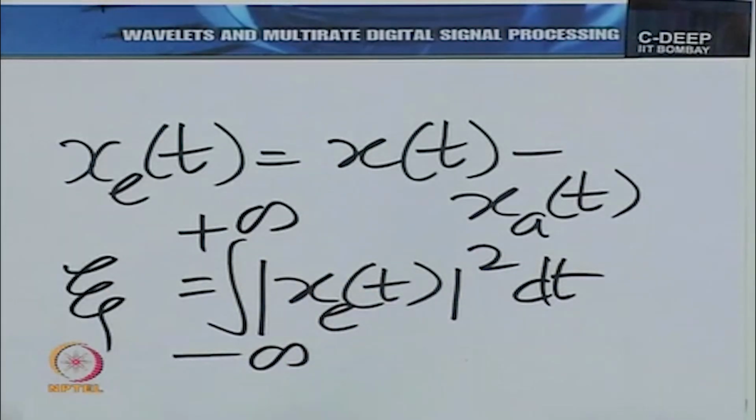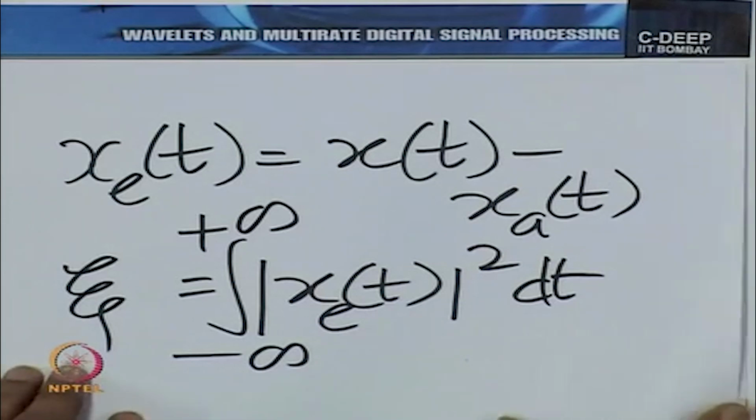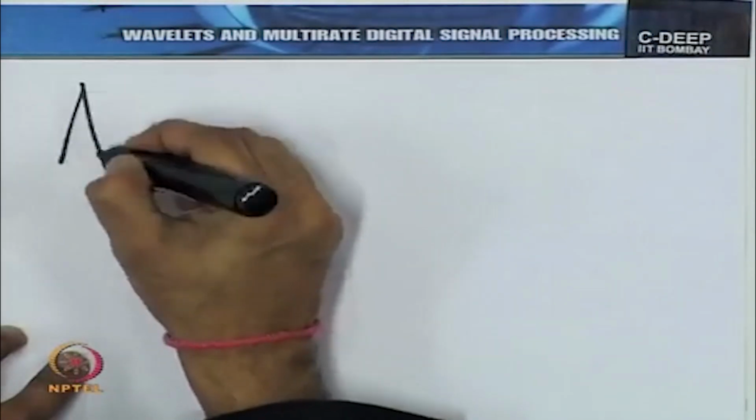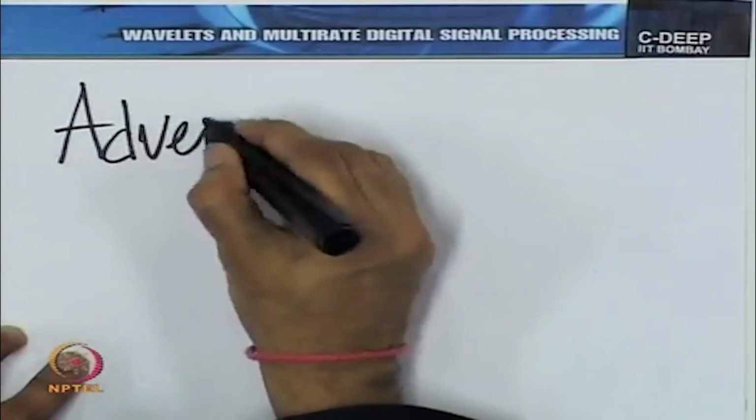We will call this the squared error, script e.